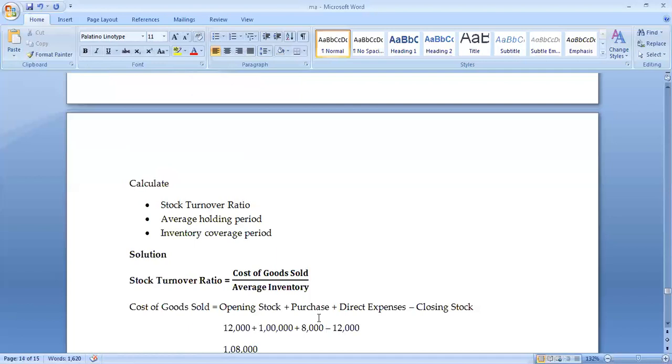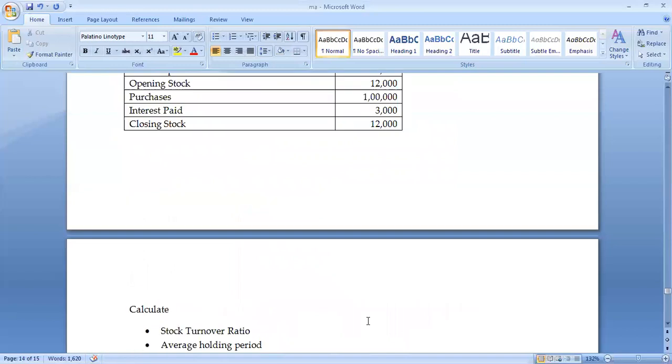Which are the direct expenses? If any carriage inwards is incurred, carriage inwards will be a direct expense. Whatever item you record in the trading account comes under direct expenses. So opening stock plus purchases plus direct expenses, minus the closing stock. Interest paid is not appearing here because it is an indirect expense.